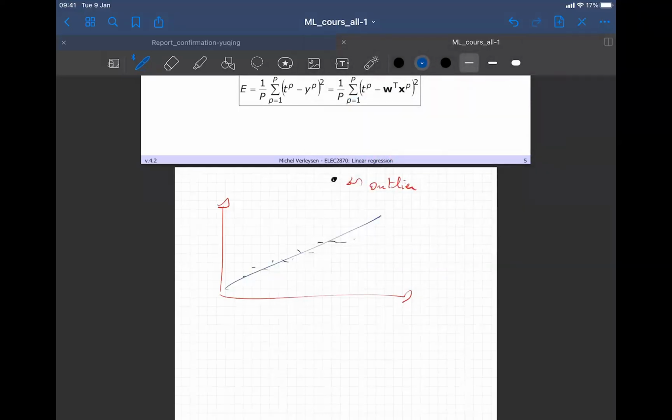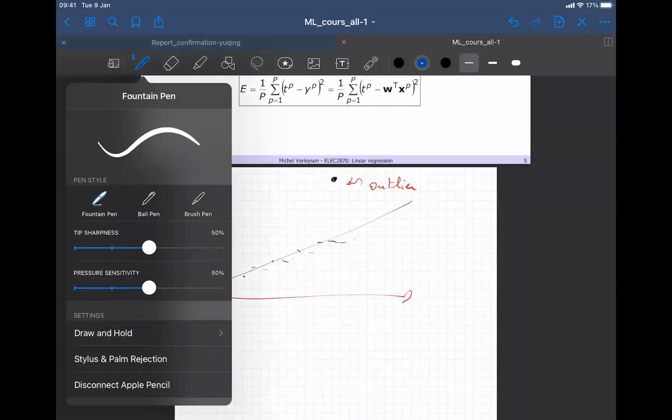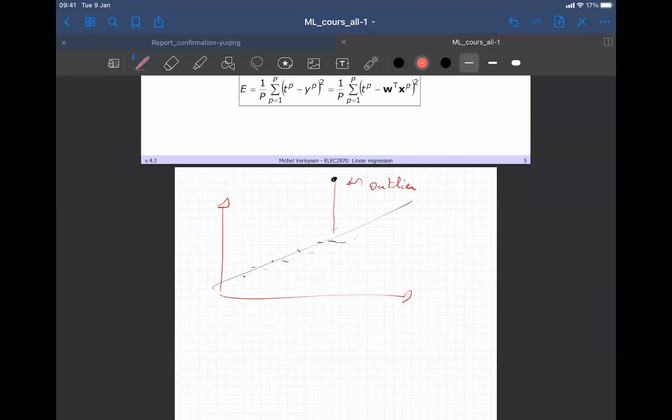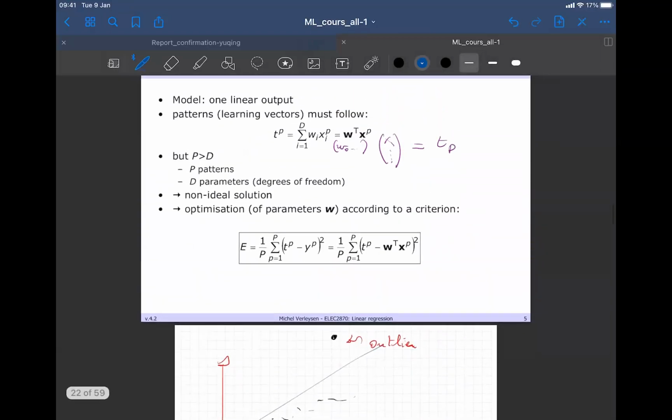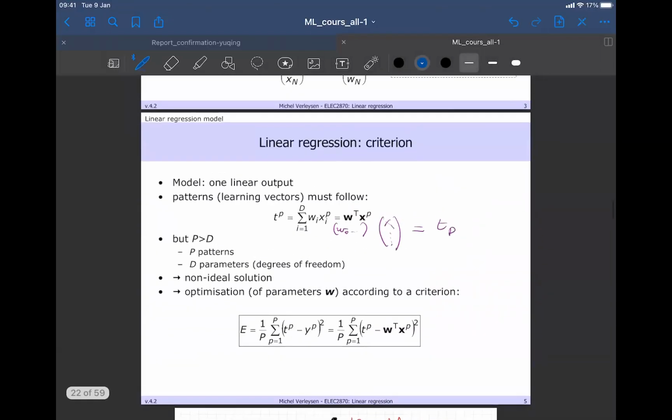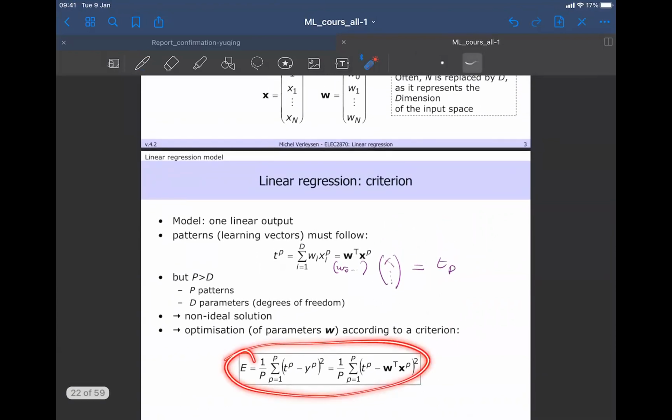You will make a line that is like this, or even a bit above. Because you have here a quite big error, and you square the error. So this error squared is huge, and it will really attract the line to that point. So it's a convenient thing to do, but it's quite sensitive to outliers. That's something you should keep in mind for this criterion.